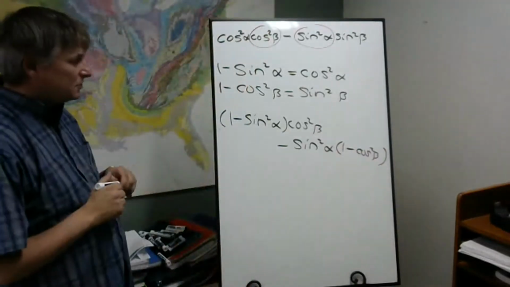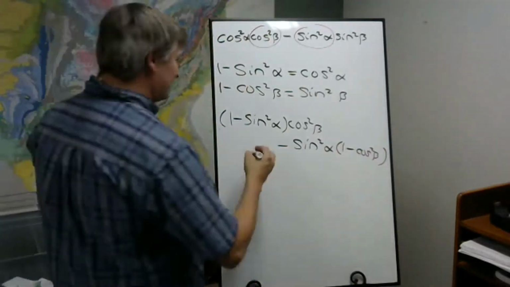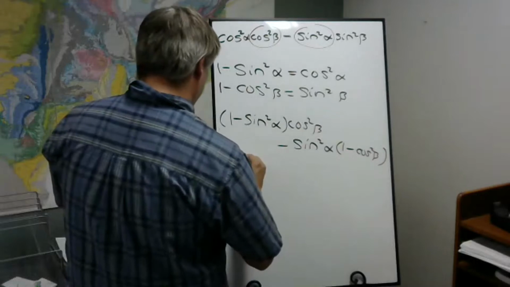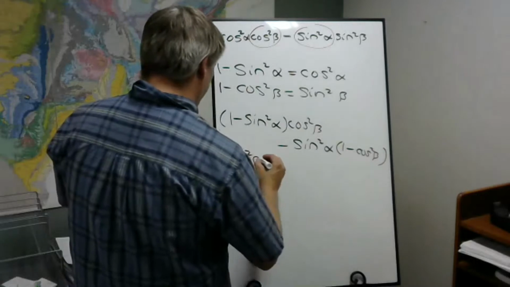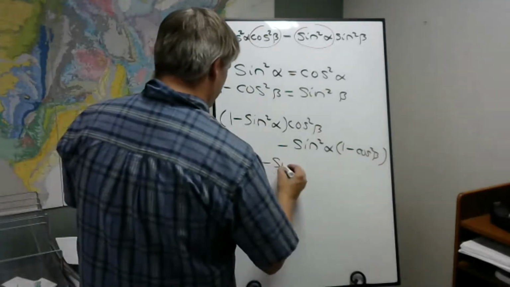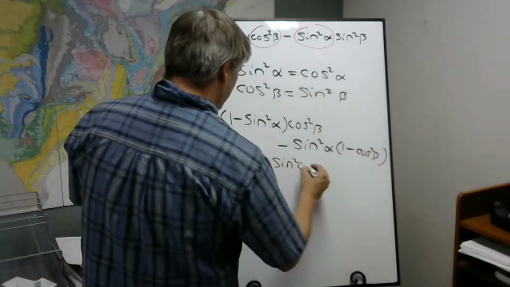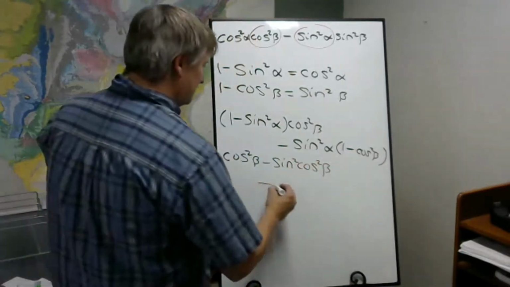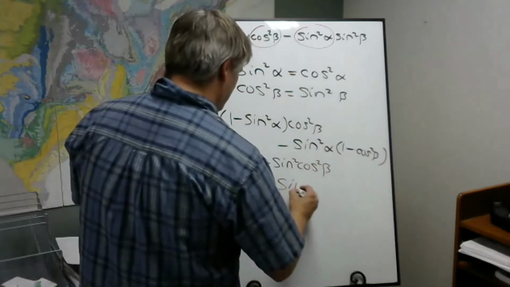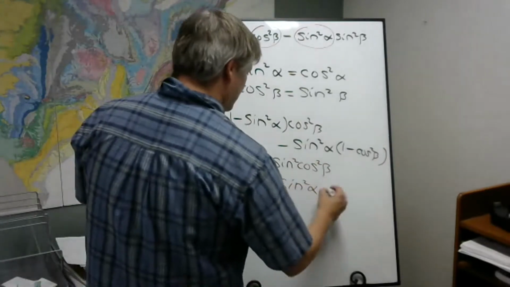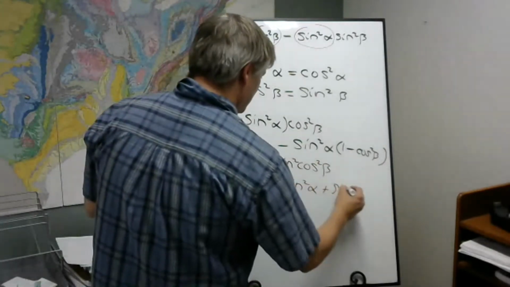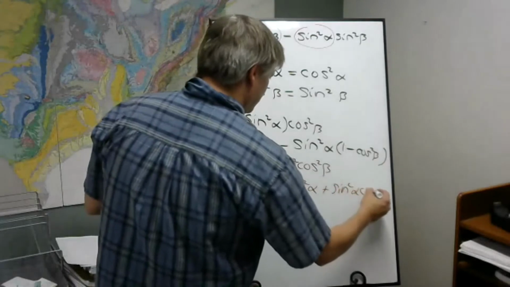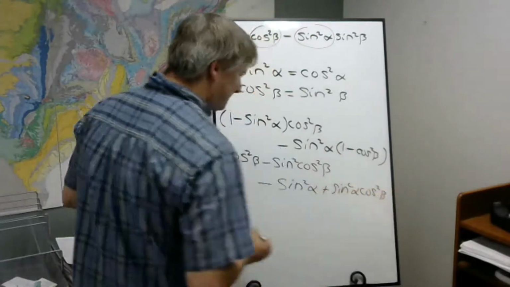So if we distribute accordingly, we'll get cosine squared beta minus sine squared alpha cosine squared beta minus sine squared alpha plus sine squared alpha cosine squared beta.